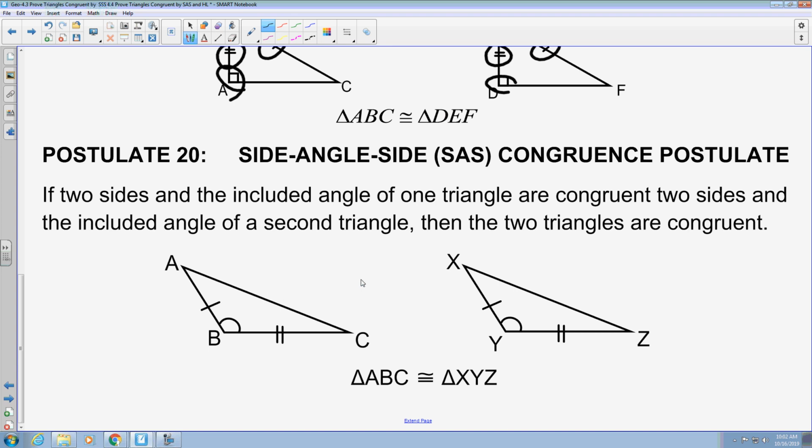Being able to say, oh, this works out because the two side measurements are congruent, and then the angles that are touching those two corresponding sides work out. It couldn't be any other angle that would work for that postulate.